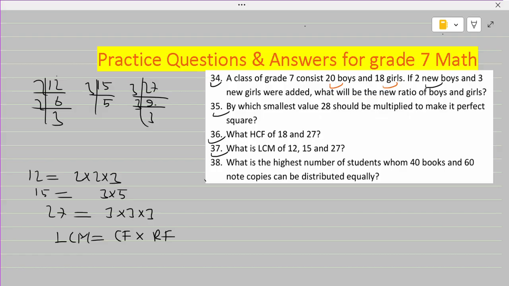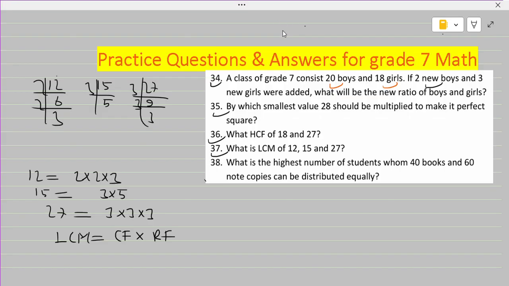At least in two numbers, if there is a common factor, then that can be taken. Unlike the HCF of three numbers, where the common factor must be from all three numbers. But for the LCM, if it is common in at least two numbers, that can be taken as the common factor, right?